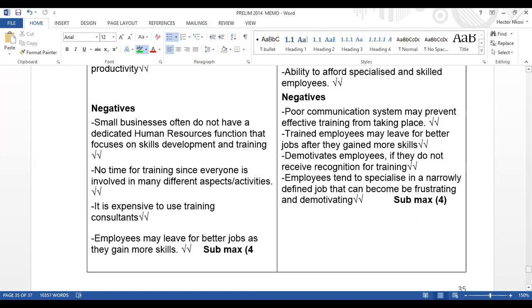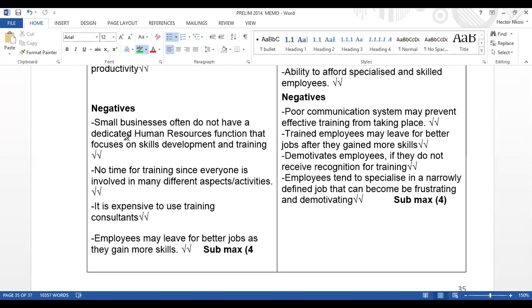Now, under small businesses, the negatives about skills development are that small businesses often do not have a dedicated HR function that focuses on skills development and training. That's true. In small businesses, normally we don't have an effective HR person or team.